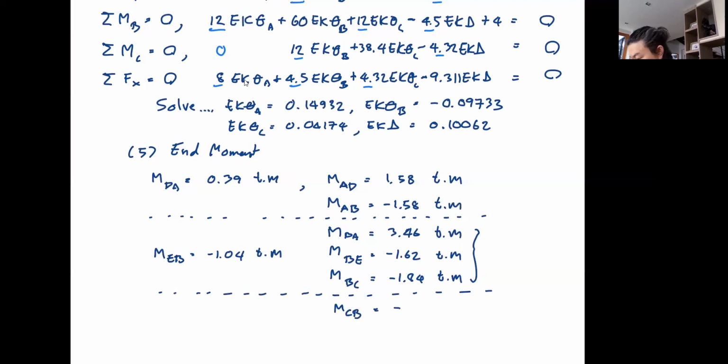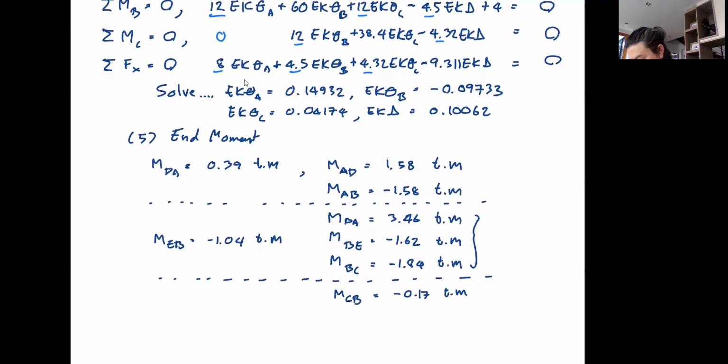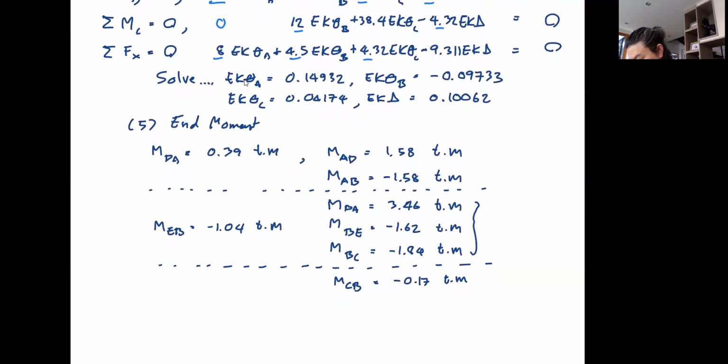MCB is only minus 0.17 because it's far away from where the load is. So it's only normal that you see the number so small. MCB, and then the opposite of this was CB.